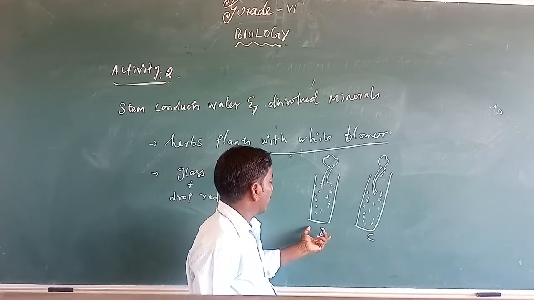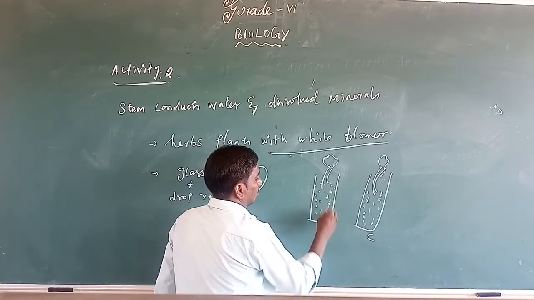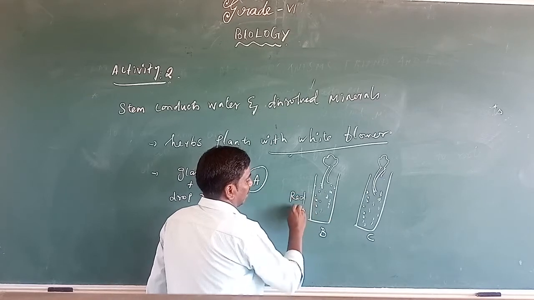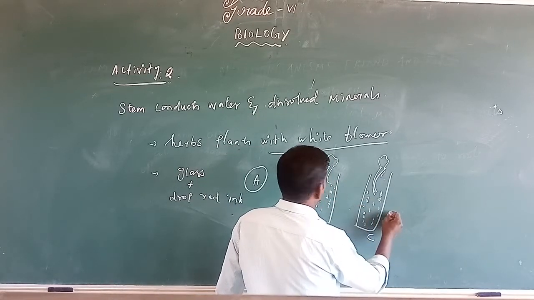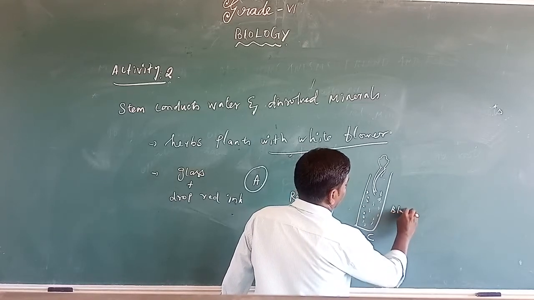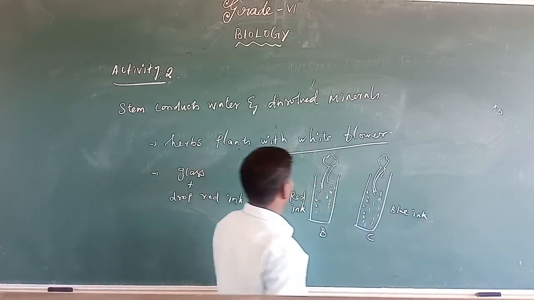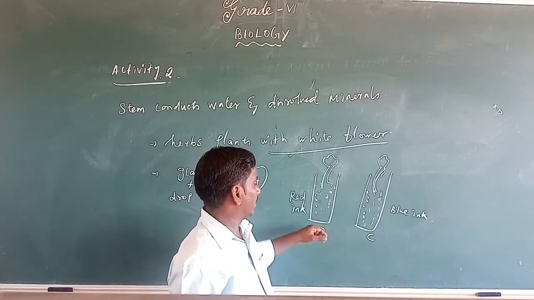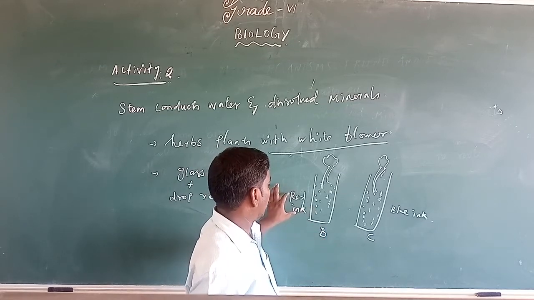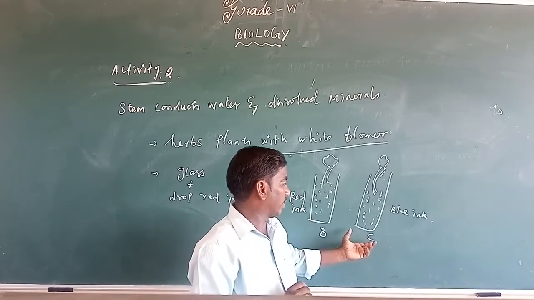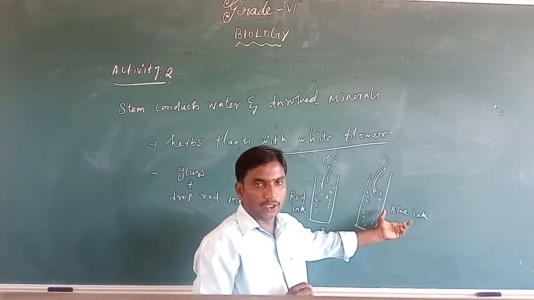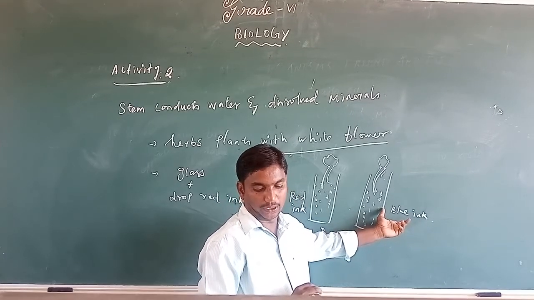In glass B you add some red ink, and in glass C you add some blue ink. Glass B, you put 1 drop of red ink, and glass C, you add 1 drop of blue ink.